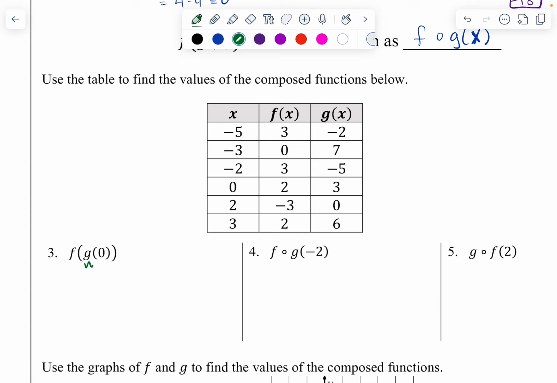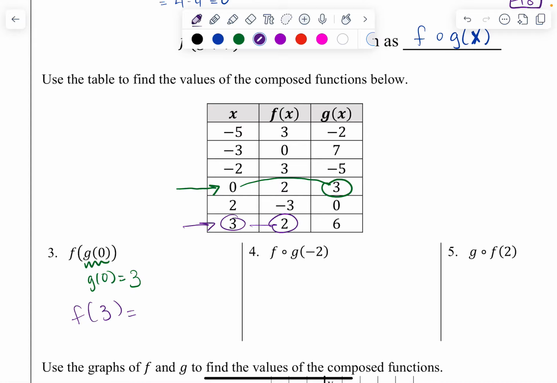Remember here, our input is g of 0. g of 0 means that when x is 0, I'm going to see what happens when we set it into g of x. That's 3. So f of g of 0 uses 3 as the input, and we put that into function f, which is 2.